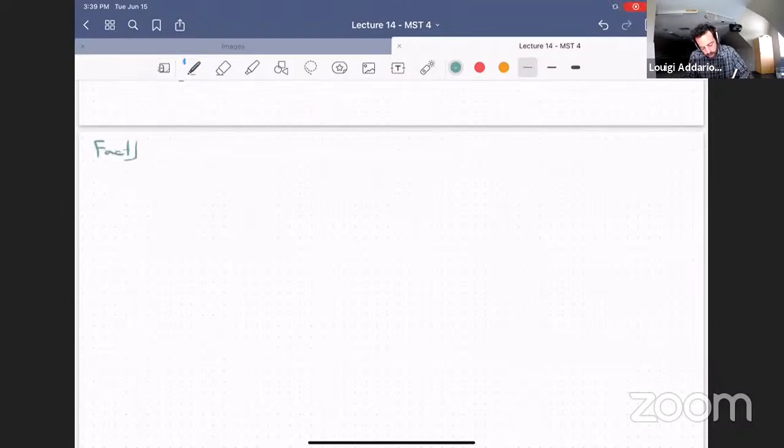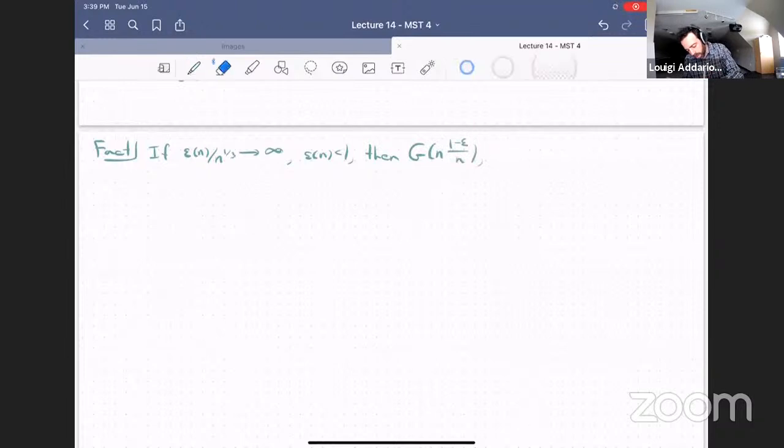So this is a preparatory fact for step A that remains in the proof. We're looking at the setting where epsilon times n to the third tends to infinity, and epsilon is less than 1, and I'm looking at a subcritical graph. So in G(n, (1 minus epsilon)/n), with high probability, with probability tending to 1, two things happen.